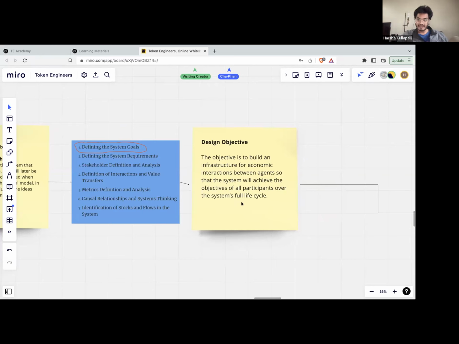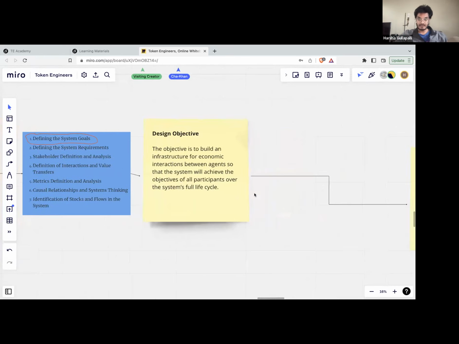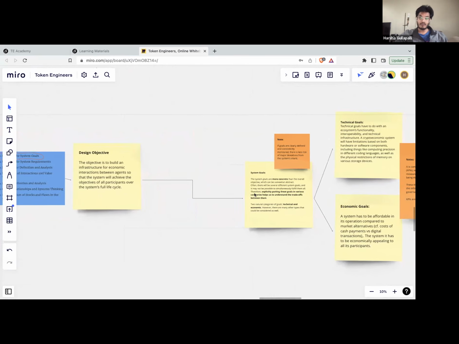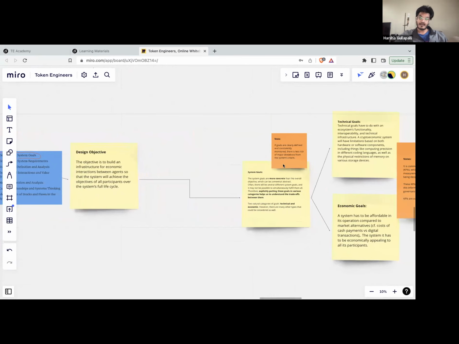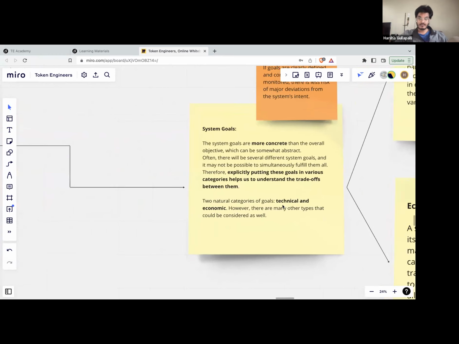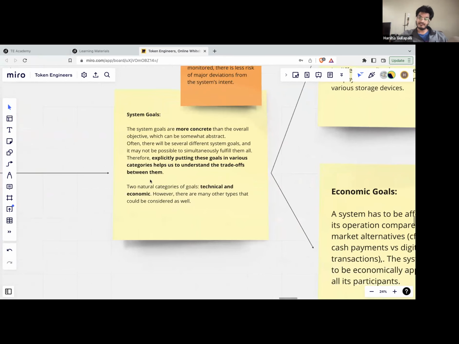That is kind of vague, but it tells you the values that the design is built upon. Now we will have to break it down into slightly more concrete or practical things. So that is where we define the system goals.